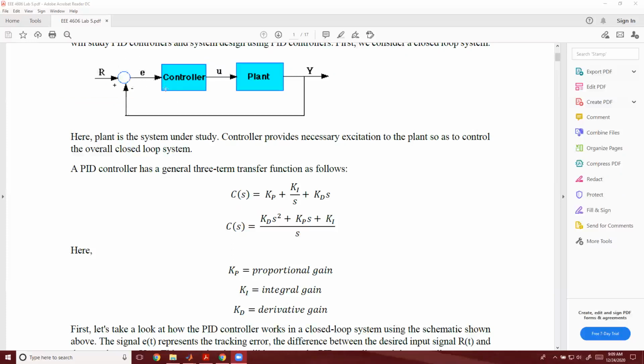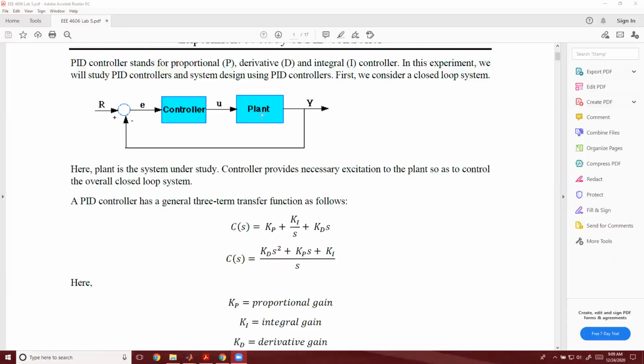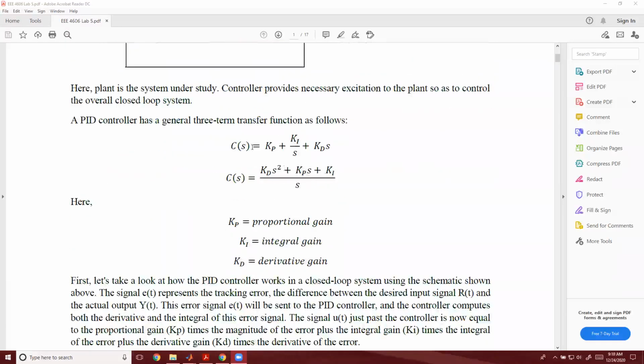This error signal is passed through our controller. This might be P, I, or D, or any combination of P, I, and D. And that controller finds the derivative of the error, finds the integration of the error, and multiplies the error by a constant gain value.